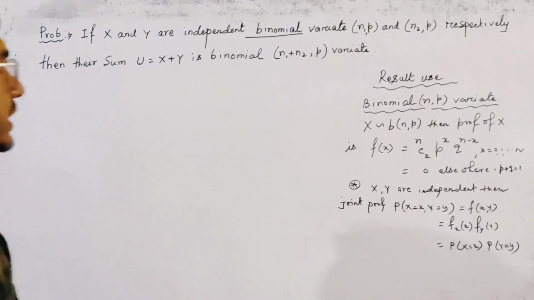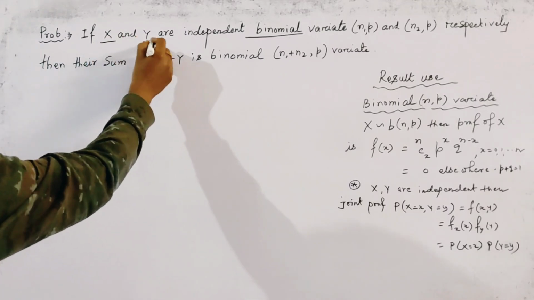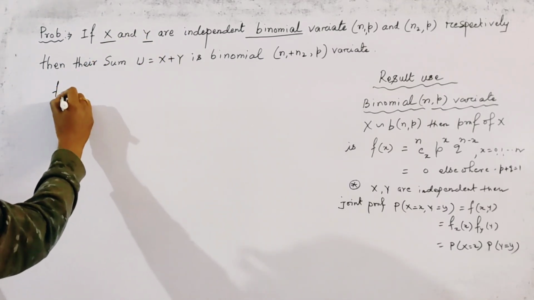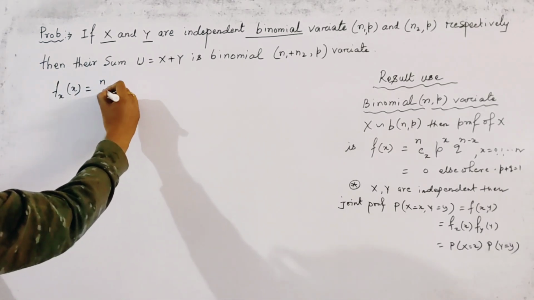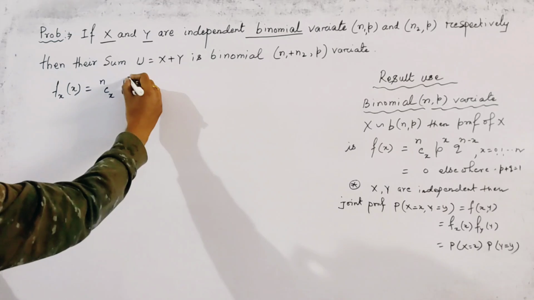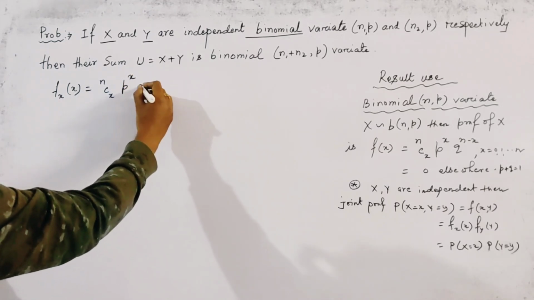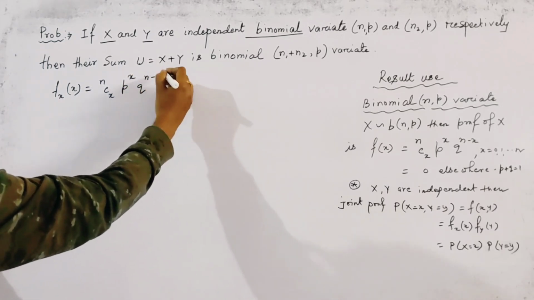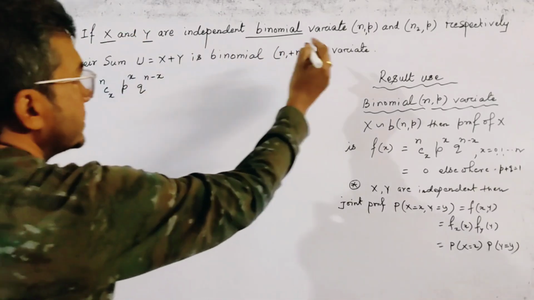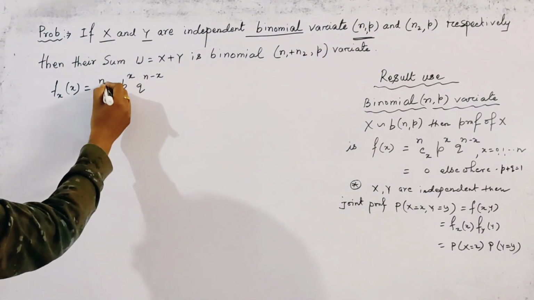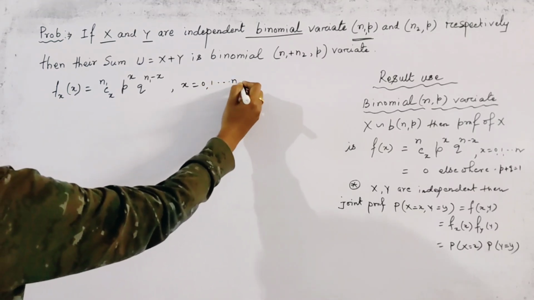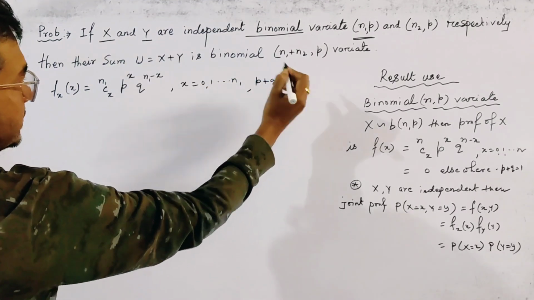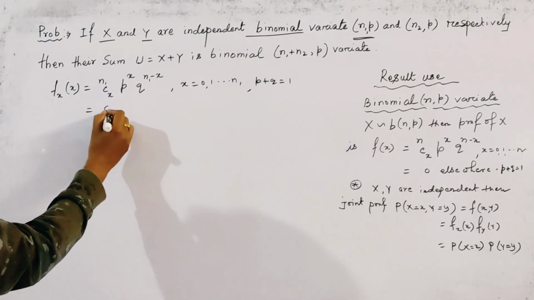Okay, so we write here two PMFs. The first one is f_X(x), the marginal PMF of x, which is given by nCx p to the power x and q to the power n minus x. But it is given that x is binomial (n1, p), so we write n1 in place of n, where x is equal to 0, 1 to n1, and p plus q is obviously equal to 1, and 0 elsewhere.